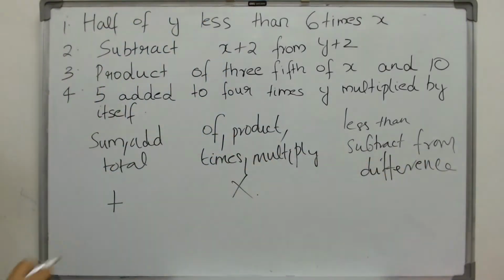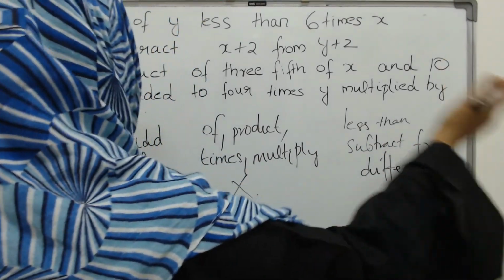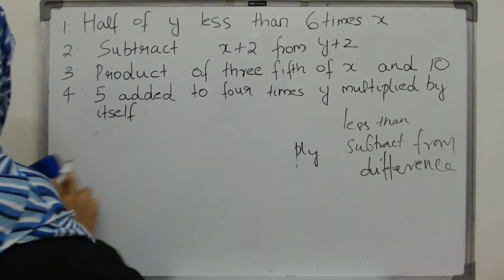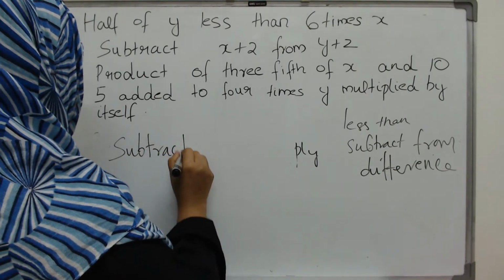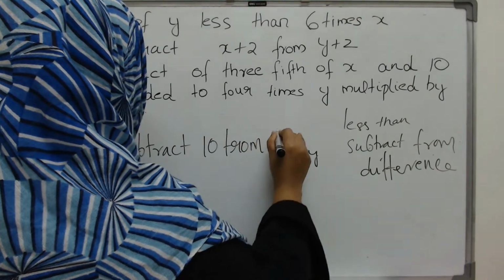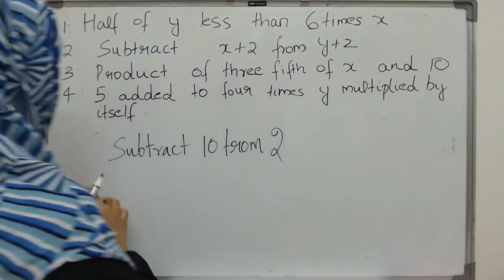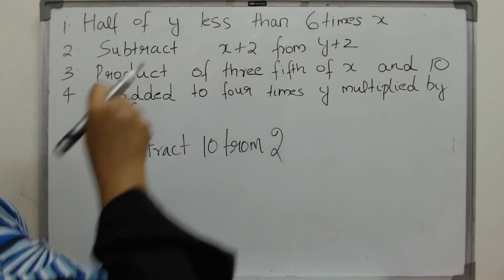And when you subtract, always remember you choose the word which comes after the from. That is the word which comes first. What I mean is, suppose we write subtract 10 from 2. That means 2 is the word which comes first. Always remember you take a cookie from a cookie jar.